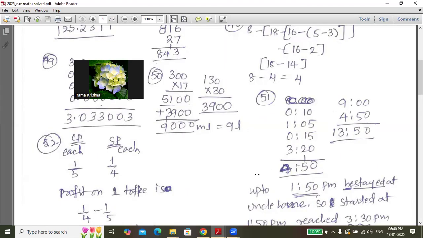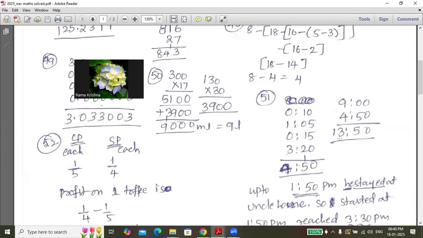By adding the traveling time plus the time he stayed, he was there at his uncle's home up to 13:50.